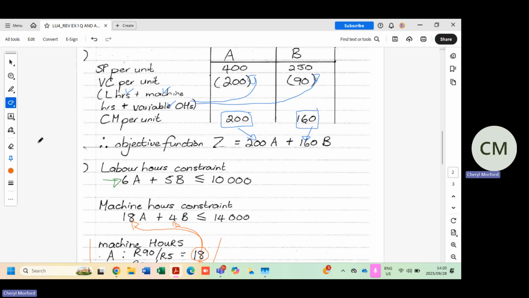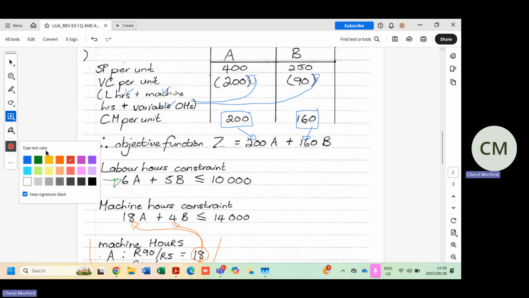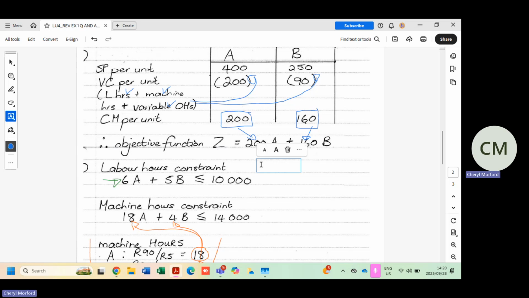Now I'm going to add in all of the other constraints. Remember I said we've got annual demand. So what we're going to do here is say, let's make it a bit bigger. The maximum demand for A, I said, was 600. So we cannot sell more than the maximum demand.